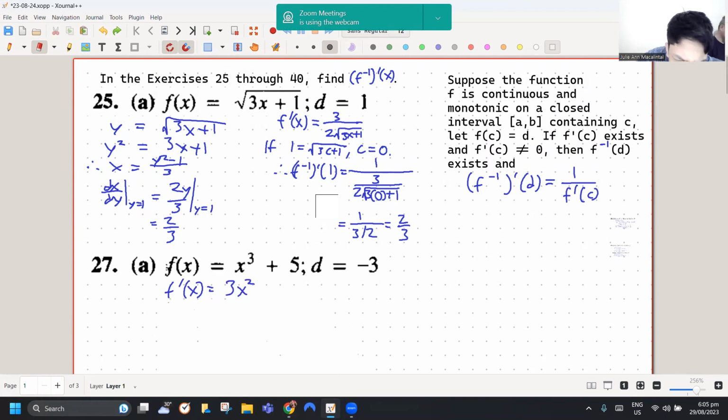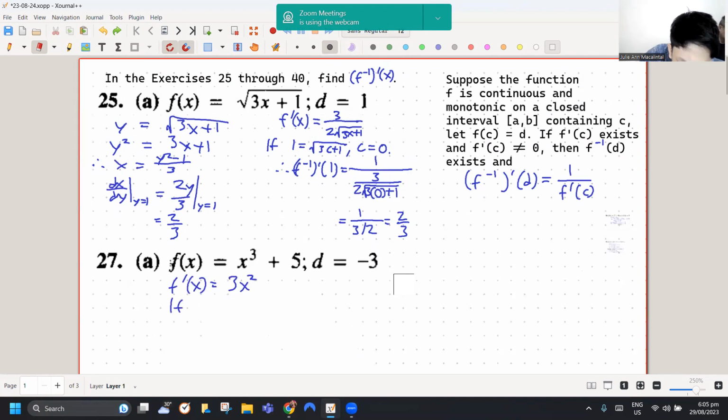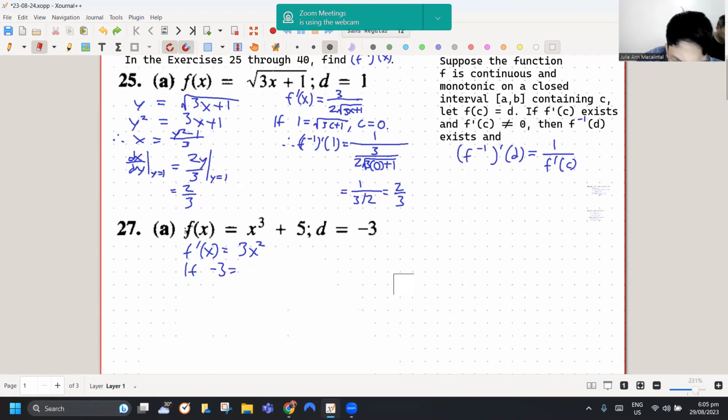So the derivative of this function is 3x squared. If negative 3, which is d, is equal to f of c, so that's c cubed plus 5, we can now solve for c. So c cubed is equal to negative 8. Therefore, c is equal to negative 2. Now we can substitute it into this formula. Basically, we can now evaluate it at negative 3.